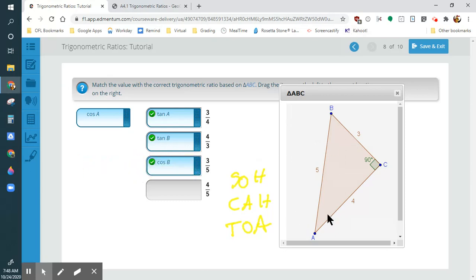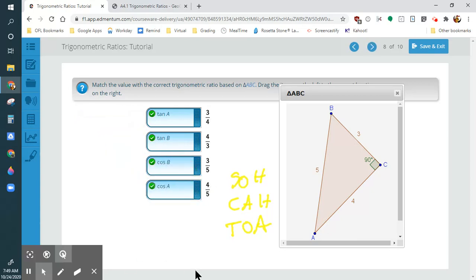Next, I'm going to do 4 over 5. Well, that's my adjacent over hypotenuse, but it's of A. So that's how we use SOHCAHTOA. It's cosine. Ignore the A for right now. Cosine of an angle is the adjacent over hypotenuse. And so on and so forth for the sine and for the tangent.